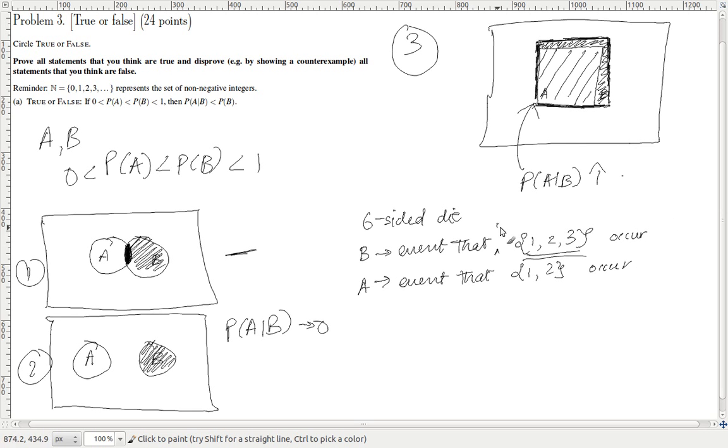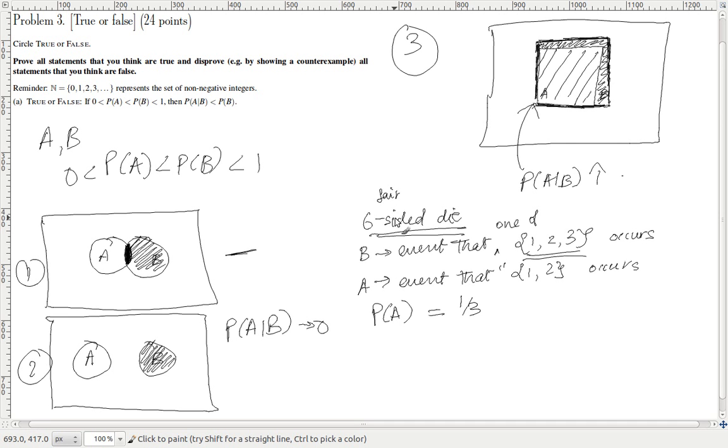So let B be the event that one of 1, 2 or 3 occurs when you roll a 6-sided die, and A be the event that 1 or 2 occurs. So what's the probability of A? Which is equal to 1 over 3, right? You have 6 different options, and 1 or 2 is 1/3 of all the options, and the die is fair.